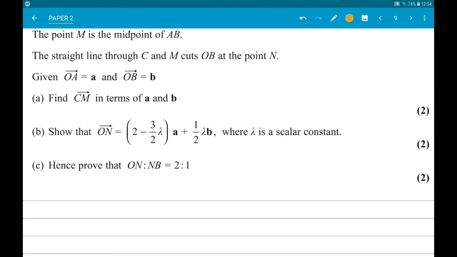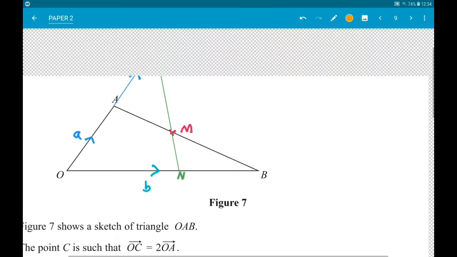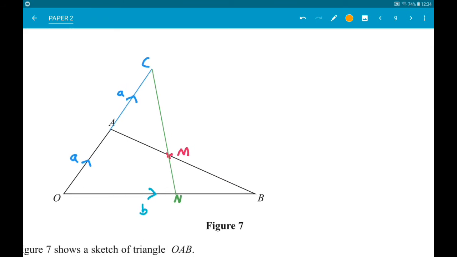Part B, show that ON is 2 minus 3/2 lambda a, and 1/2 lambda b, where lambda is a scalar quantity. Alright, so to get from O to N, we're going to have to go from O to C, and then some amount along CM.